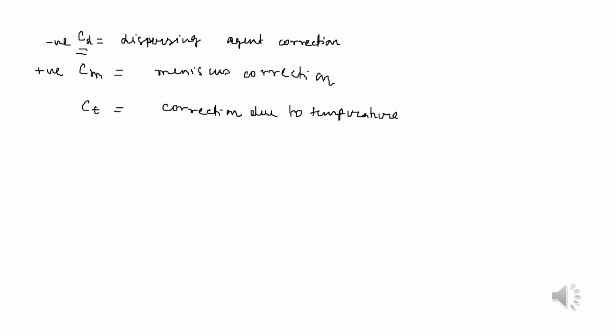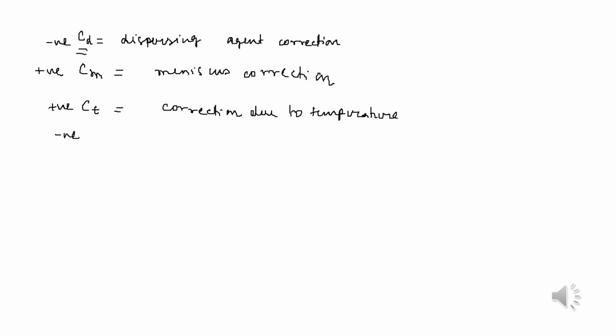In case the temperature of the soil suspension is other than 27 degrees centigrade, we apply the correction CT, right? If the temperature is above the standard temperature, the correction needs to be added, so it is positive. And if the test temperature is below the standard temperature of 27 degrees centigrade, it is subtracted, so CT is subtracted.